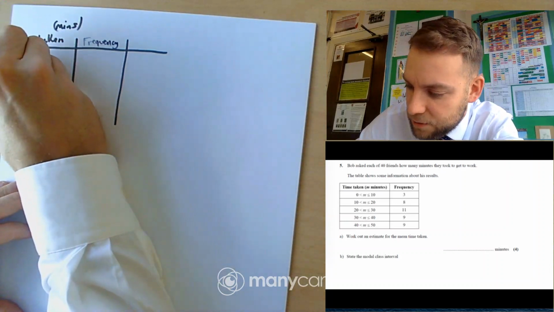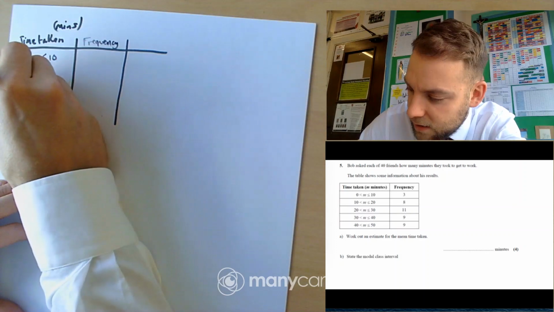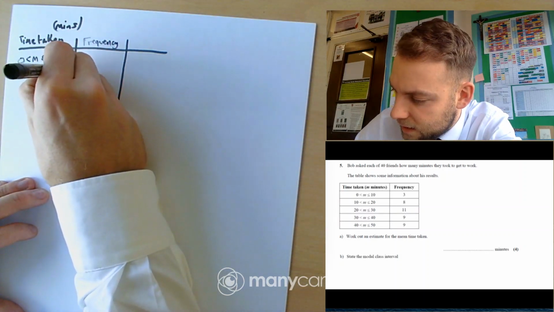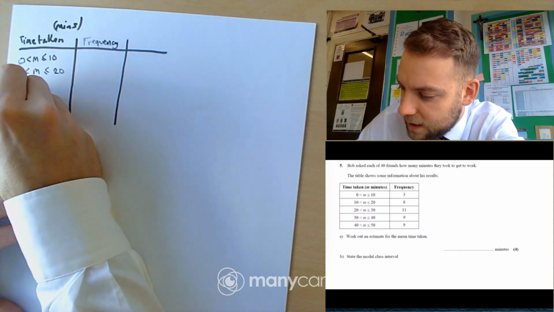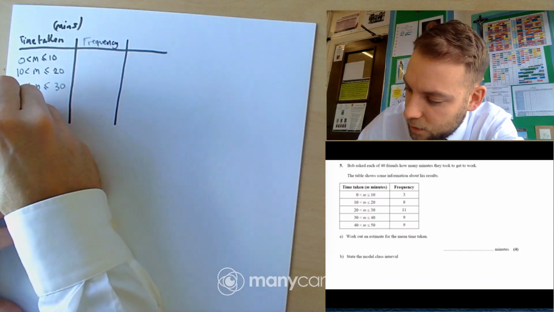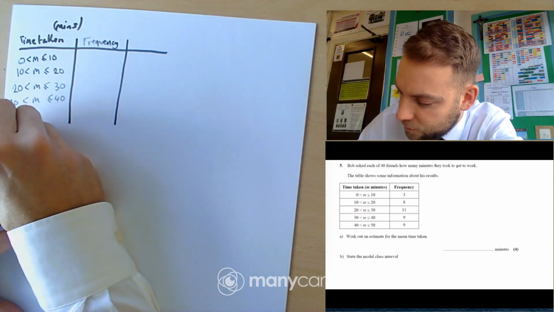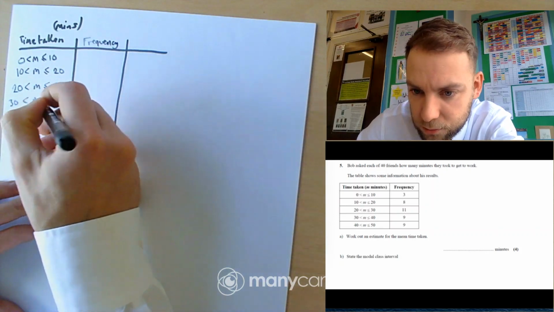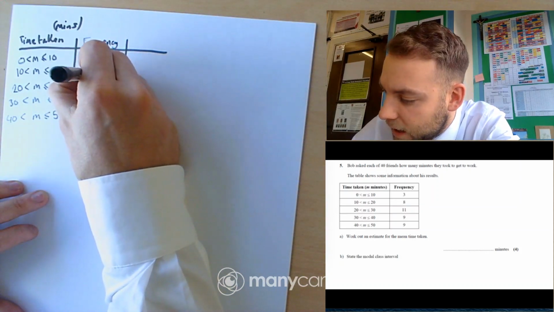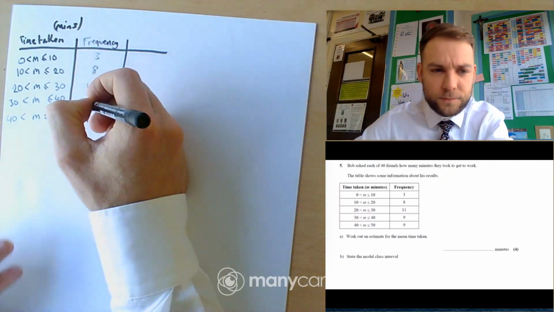Let's get these in here now. So that's between 0 is less than m is less than or equal to 10. 10 is less than m is less than or equal to 20. 20 is less than m is less than or equal to 30. 30 is less than m is less than or equal to 40. And 40 is less than m is less than or equal to 50. Frequency in this one, 3, 8, 11, 9, and 9.